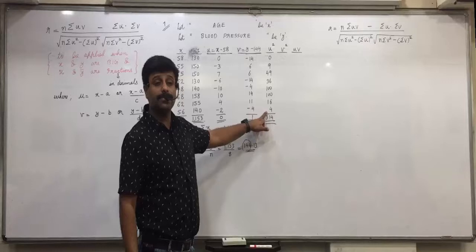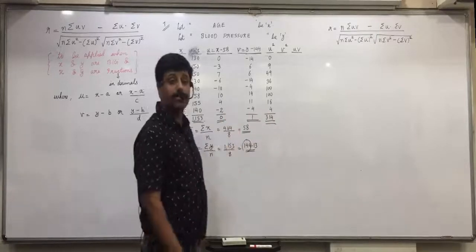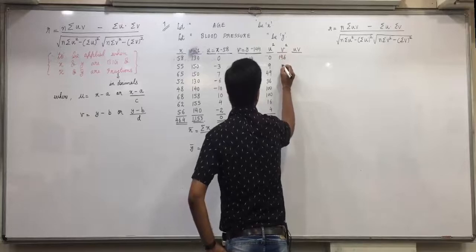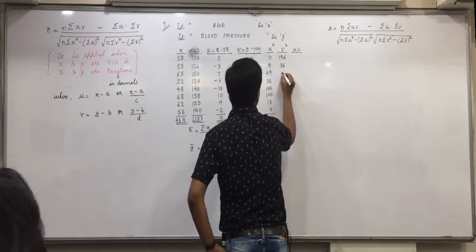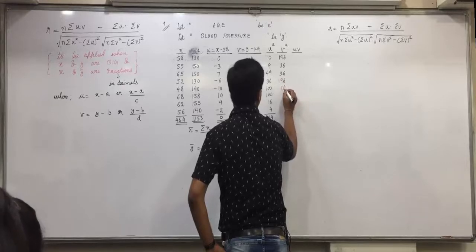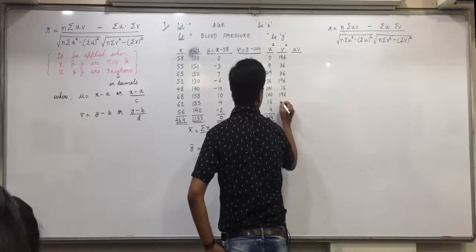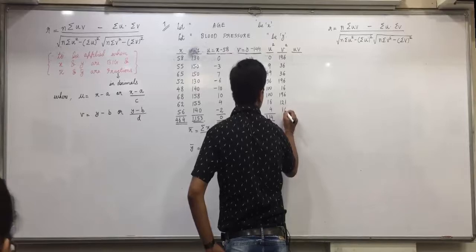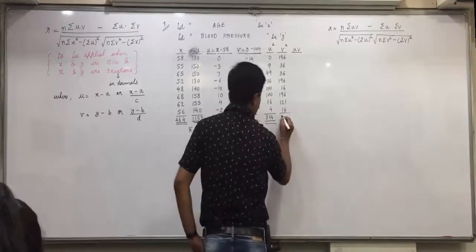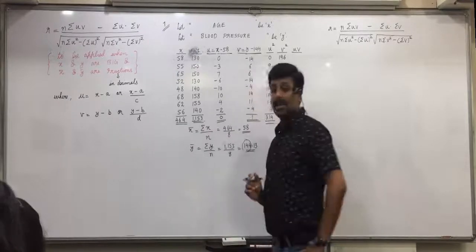All are clear with this? Darshan, V square? 196, 36, 36, 196, 16, 196, 121, and 16. Total 813. Did you all understand this?